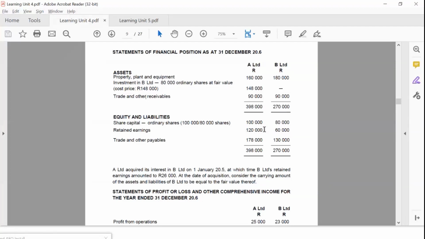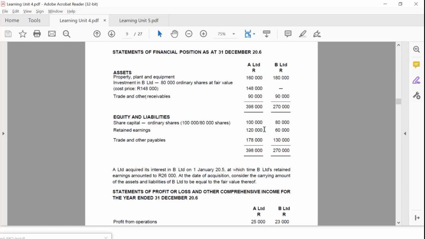Okay. Then we credit the investment in B Limited. Investment in B of how much? Of 148,000. 148,000. Good. That's your journal entry balance. No, then I'll try to balance it.